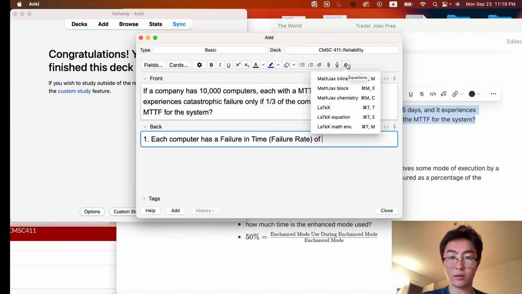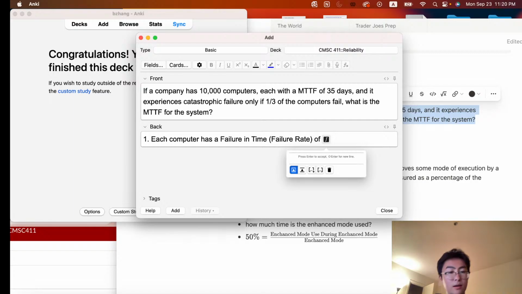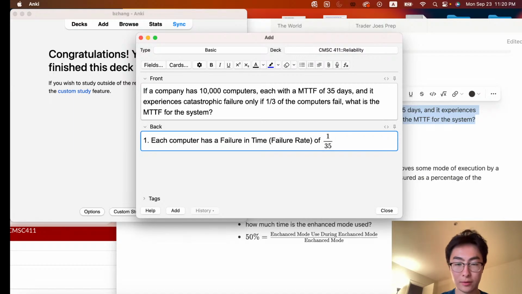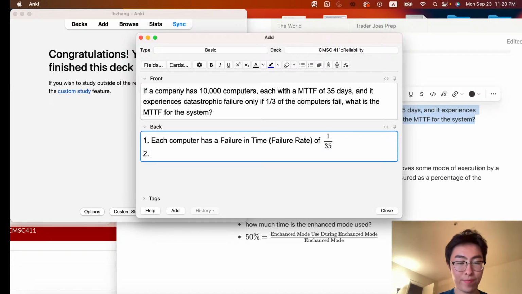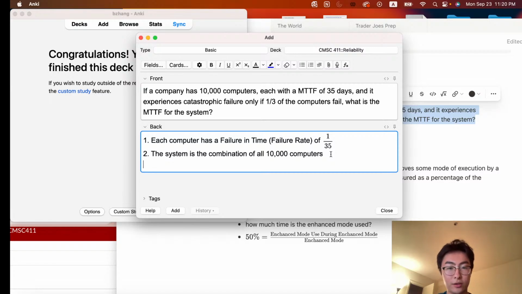Frac 1 divided by 35. So the system is the combination of all 10,000 computers. So it'll fail usually 1 out of every 35 days.